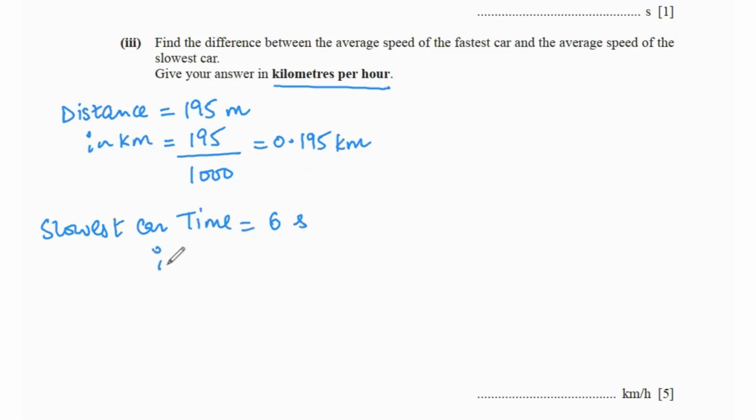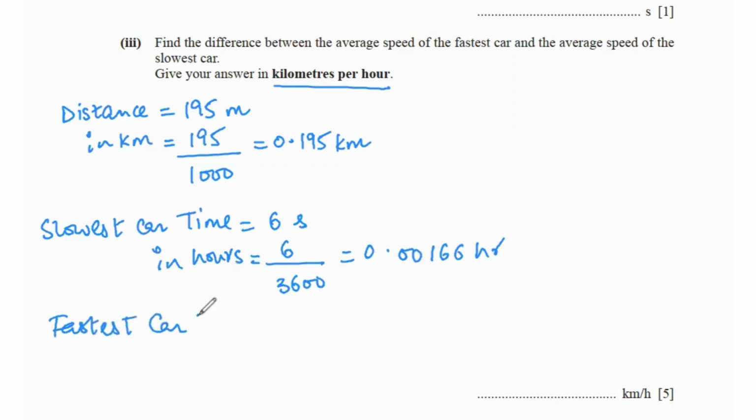So 6 seconds in hours is 6 divided by 3,600, which is 0.00166 hours. The fastest car's time is 13 divided by 3,600, again in hours. 13 divided by 3,600 is 0.00361.